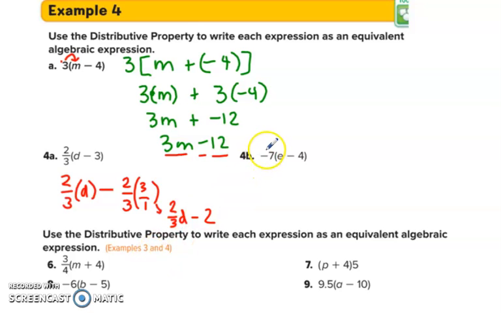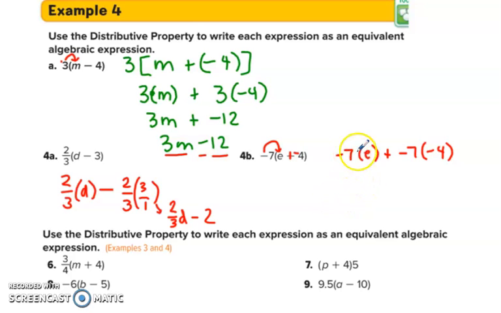Now, let's look at this one. We've got negative 7 times e. Okay, negative 7 times e. Okay, and this is really again plus a negative 4. Okay, so then we've got plus, and then we've got that negative 7 times a negative 4. Pause for a second, just look at that.